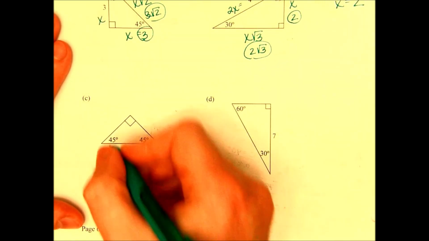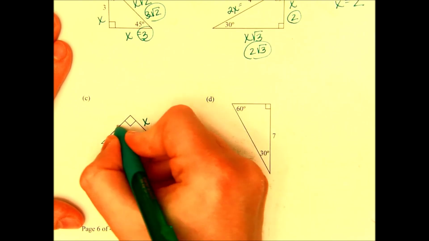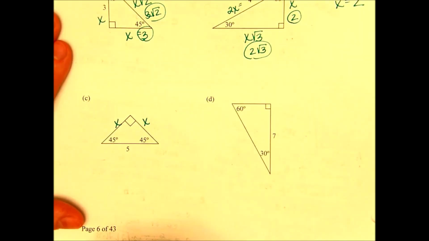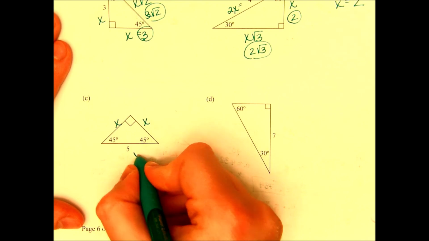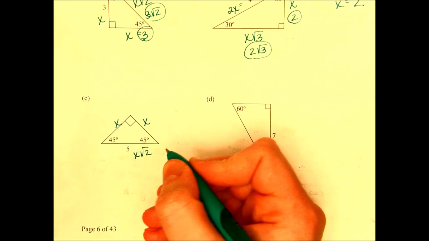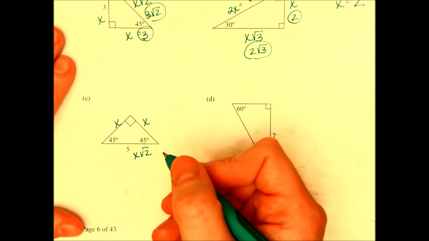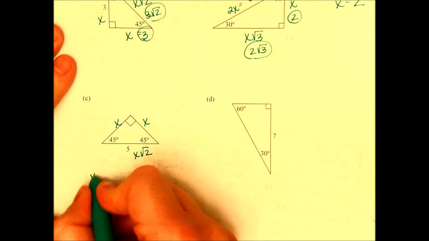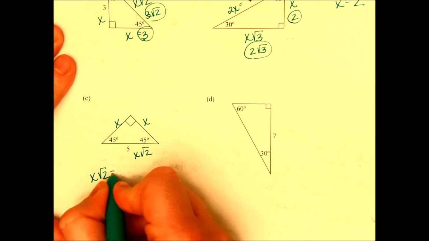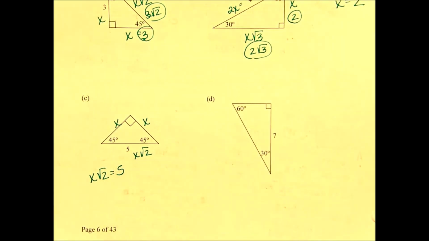Two more that I need to show you. 45, 45, 90. What's across from 45 is x. What's across from the other 45 is x. What's across from the 90 is x root 2. I've got some equation solving to do here, but it's a little bit more complicated this time. I'm going to say x root 2 equals 5.